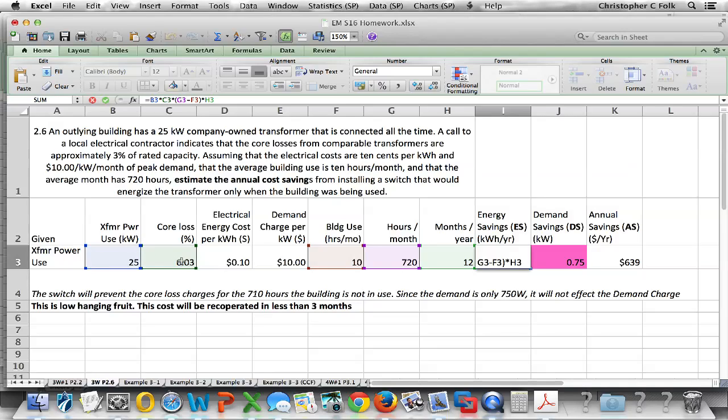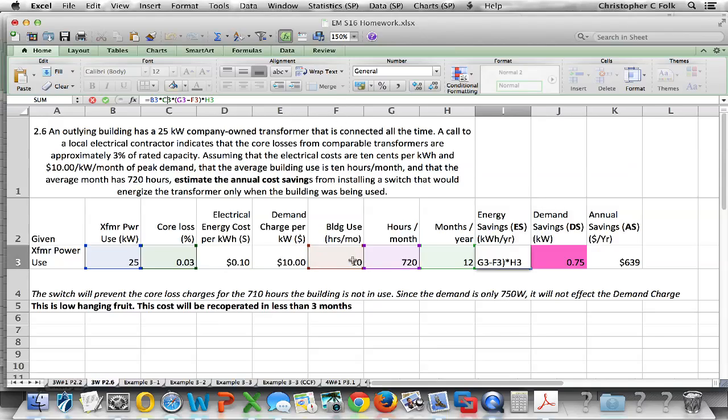So B3 times C3 comes up to be 750 watts. 750 watts just sitting there, not doing any work, but making me pay for electricity. That's what we're trying to get away from. So that is the number of watts, and I have to multiply that times G3, the number of hours in a month, and we're going to subtract F3, the number of hours we use it, from it.